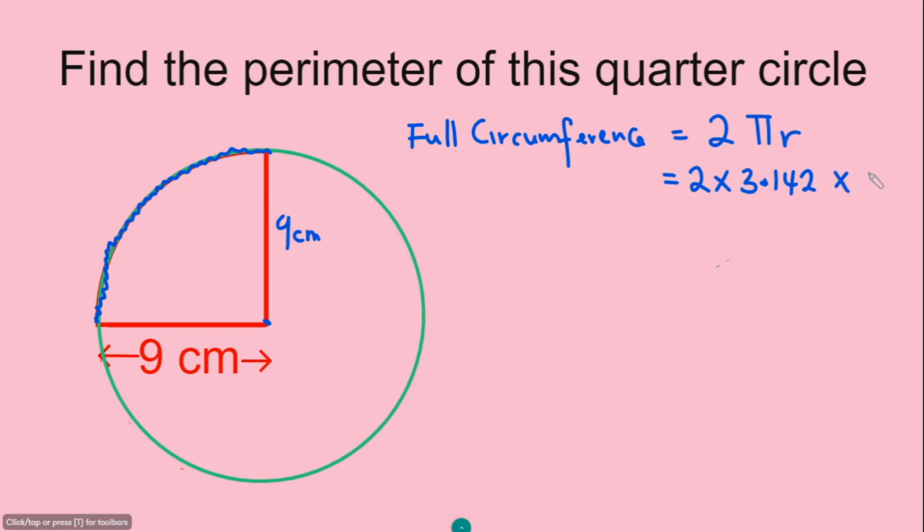If I multiply this out with my calculator, I'm going to have 56.556, and that's in centimeters. So this value is the total distance around the circle.